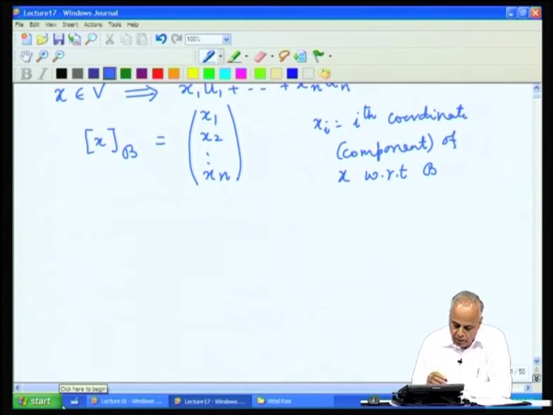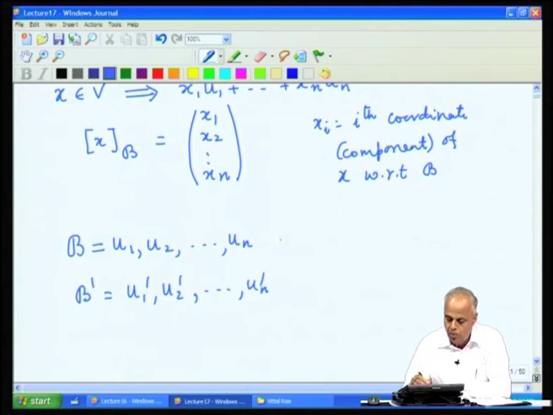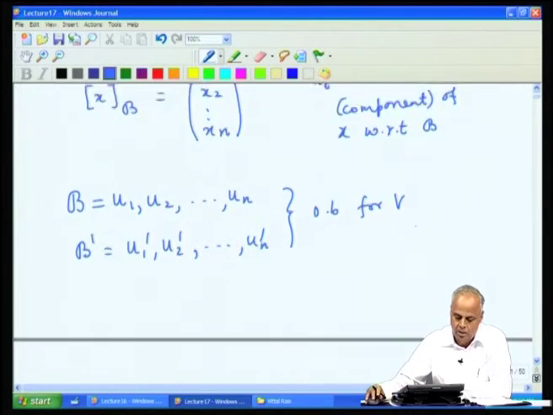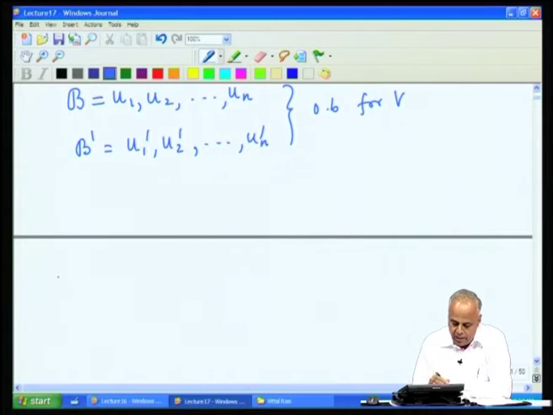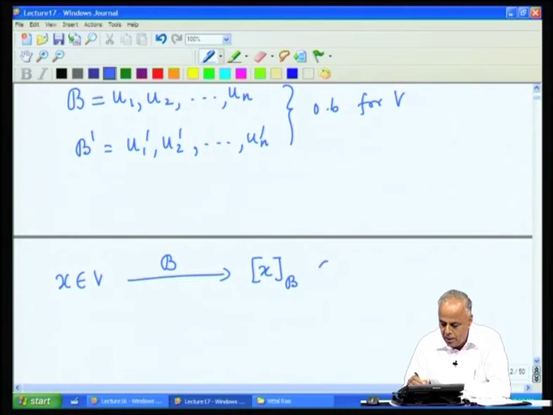Now, suppose we have two ordered bases B equal to u1, u2, un, and B prime is u1 prime, u2 prime and un prime. So, both are ordered bases for V. Then, if we take a vector x in V, using the ordered basis B, we can convert it to a vector xb in Fn.